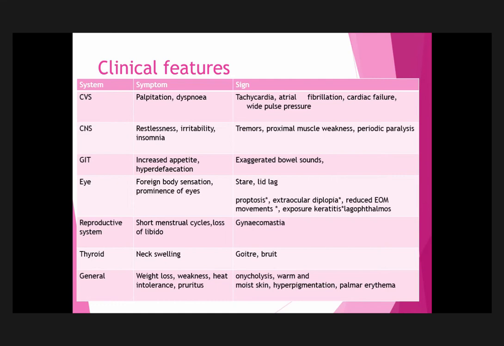In the nervous system, irritability, insomnia, restlessness, proximal muscle weakness, sometimes tremor, usually tremors. In the GIT, increased appetite, hyperdefecation. The thyroid gland may be enlarged or not; goiter is present in only 50% of cases.